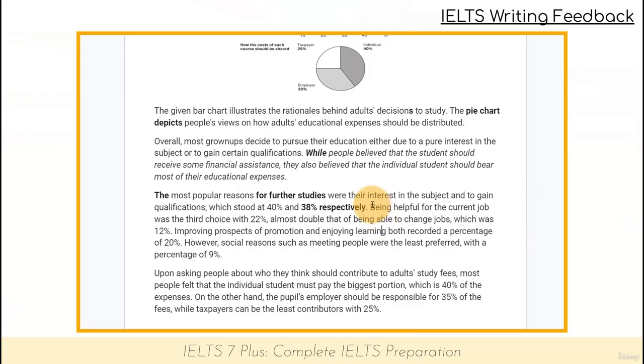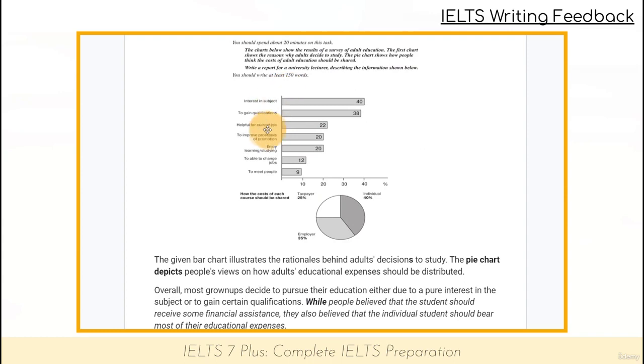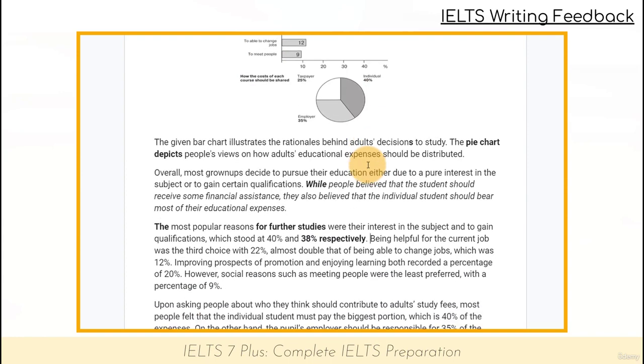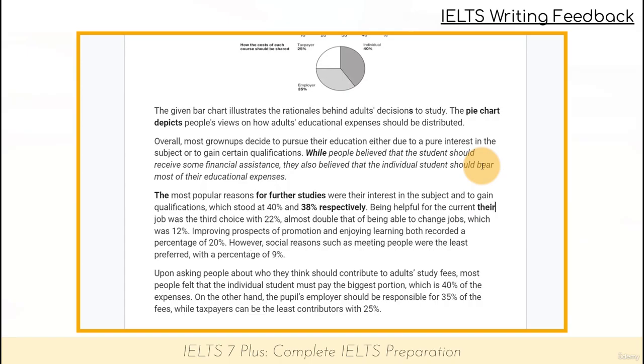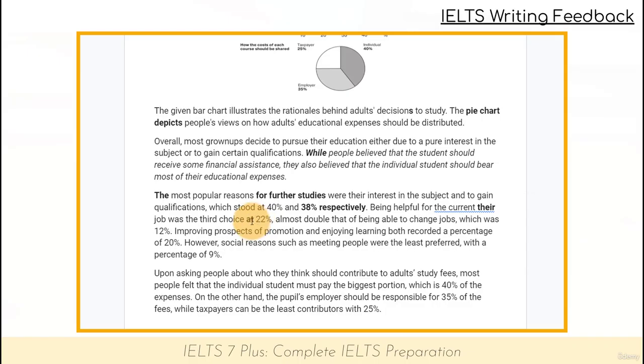I think just keep it without those sort of linking languages and sentence starters. Being helpful for their current job was the third choice with 22%. At is probably more accurate. Almost double that. Being helpful in their current job.